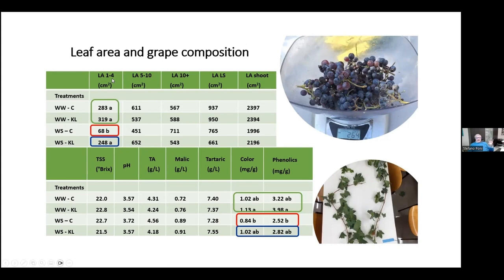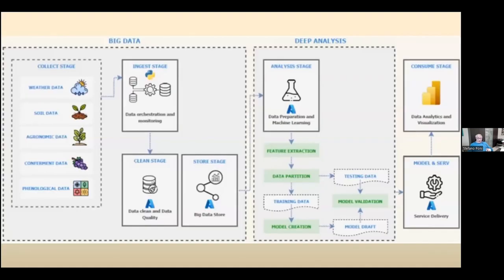So basically the leaf area around the clusters. You see that the only treatment that had very low leaf area is the one water stressed with no kaolin. Well, that means that there was a big leaf drop due to the photoinhibition process. And that is, of course, not a good thing in terms of cluster exposure and in terms of recovery if a rewatering is then arriving.